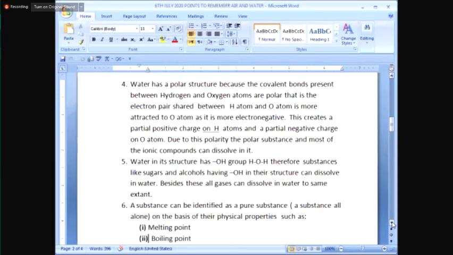If it is equally shared by the two participants, we call it a non-polar covalent bond. Now, this is all O-level knowledge. If you have not been taught in 9th and 10th, sorry.